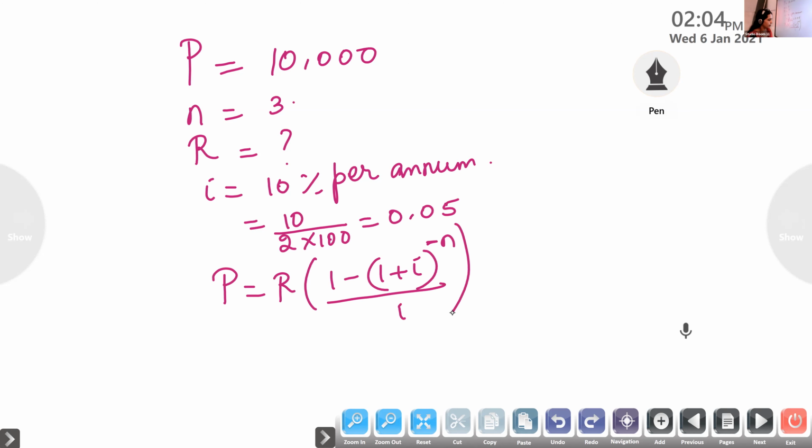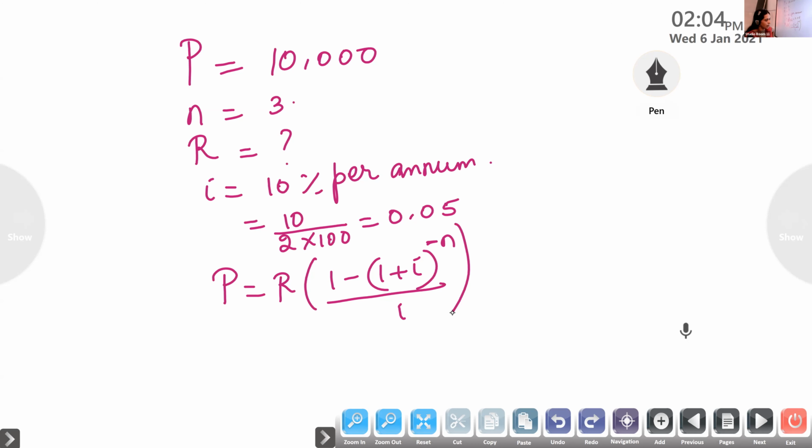Is it okay? Present value is given. Presently we are borrowing 10,000 rupees, and we want to know the installment amount, which is denoted as R. i is the interest, and n is how many payments we have to make. 3 payments, so n is 3.